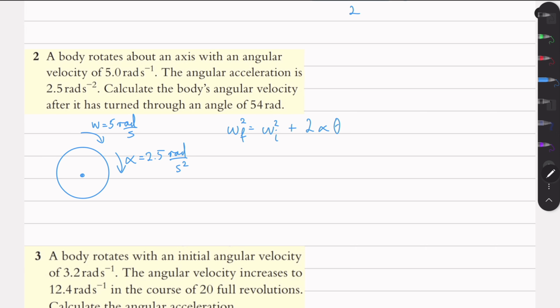So we pretty much know everything. We know the initial speed is 5, and then we just add 2 times 2.5 times 54. We also have to take the square root, and then we find that this will be about 17 radians per second.